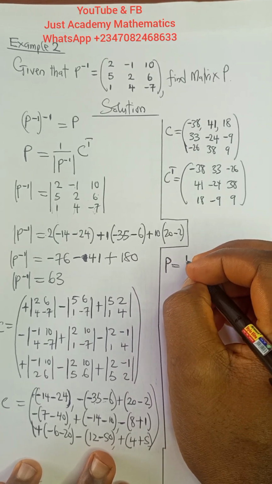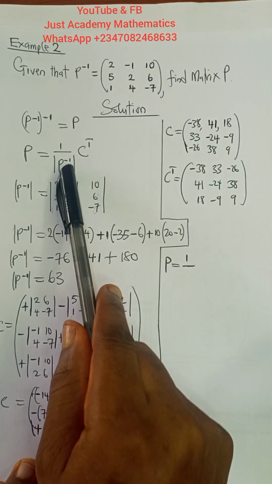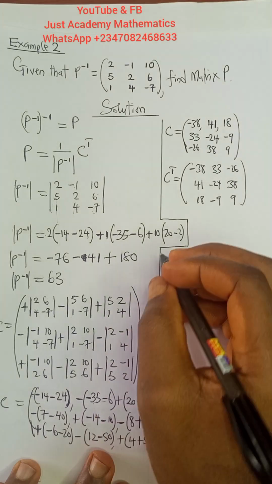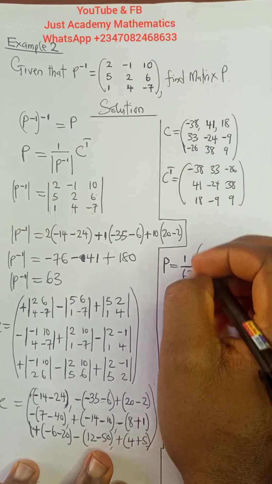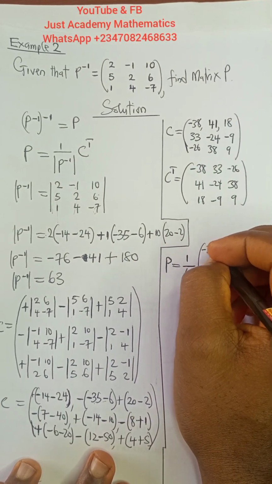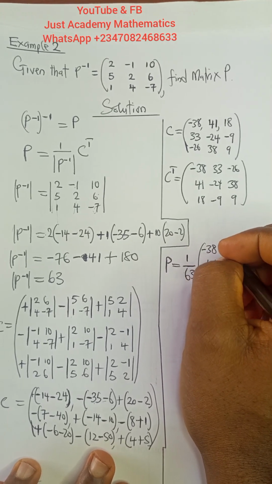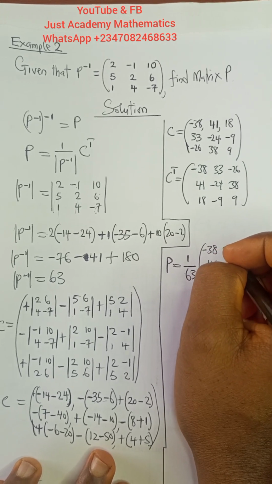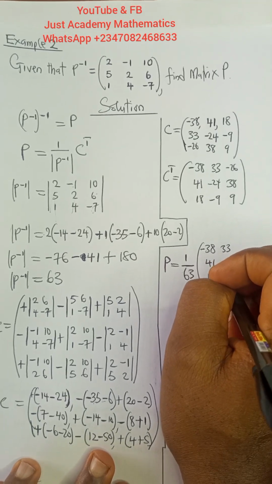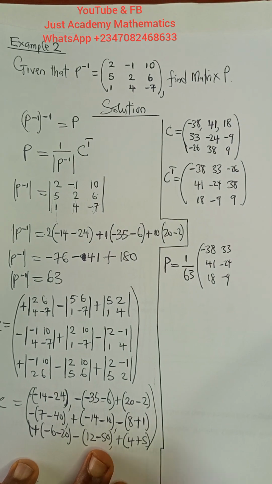P inverse is now 1 over the determinant of P, which is what? 63, times minus 38, 41, 18, 33, negative 24, minus 9, and then what?